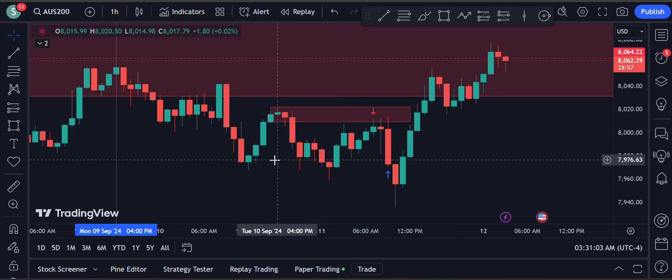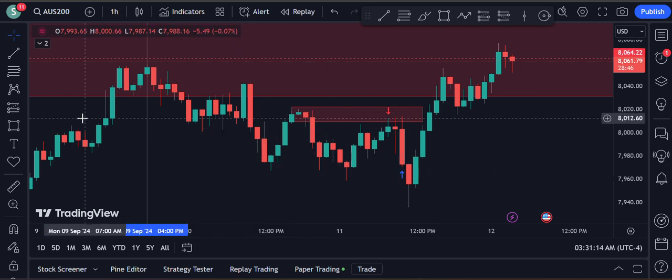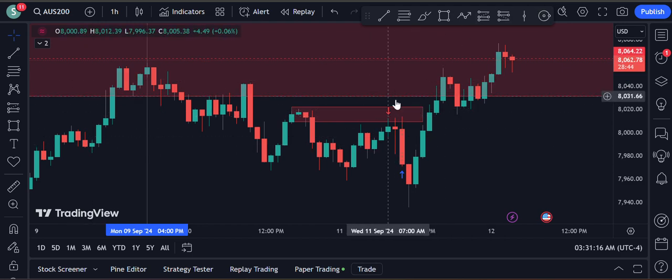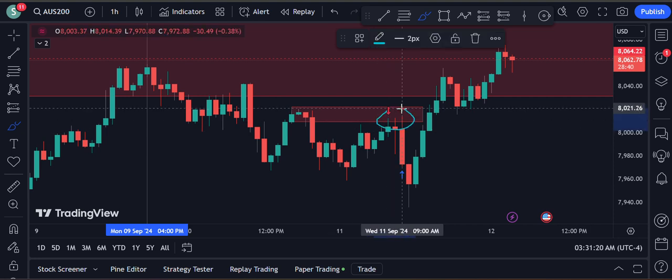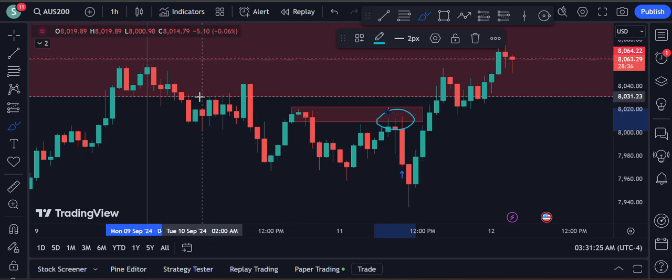What I'll do now is that our supply zone is marked on our 1 hour time frame, right? So when it reaches this point, we are already in a downtrend, as we have confirmed from hitting our daily time frame.